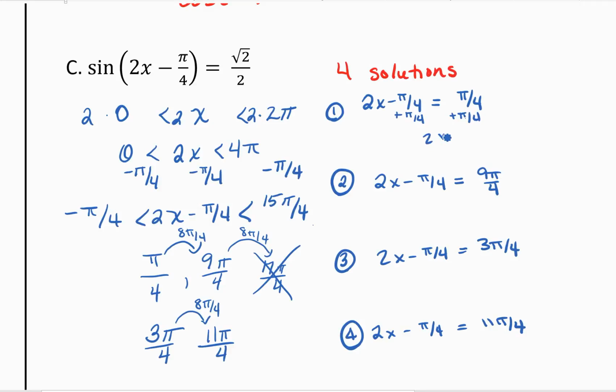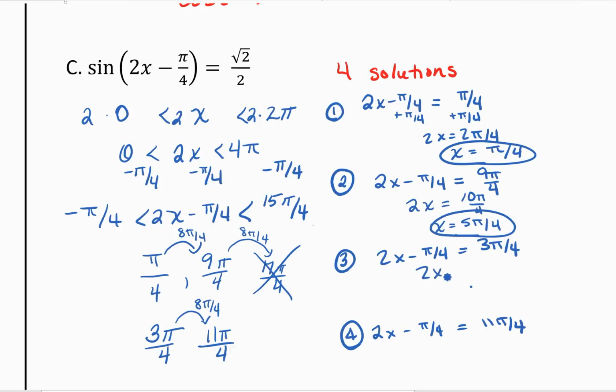That would give us 2x equals 2 pi over 4. We need to divide both sides by 2. We can just divide the top by 2, and we'd have x equals pi over 4. So that's one solution. Here, when we add pi over 4 to both sides, we'd have 2x equals 10 pi over 4. We divide both sides by 2, and we get x equals 5 pi over 4.